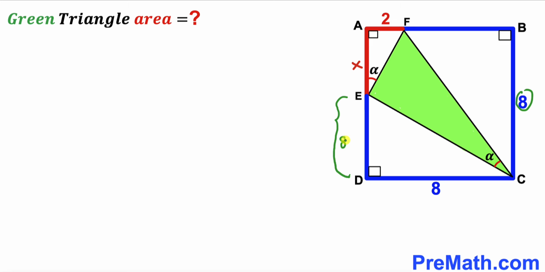Furthermore, we know this tiny segment length is 2 units, and we know this whole AB length is 8 units. So this FB length has got to be 6 units. Now our task is to find the value of x.